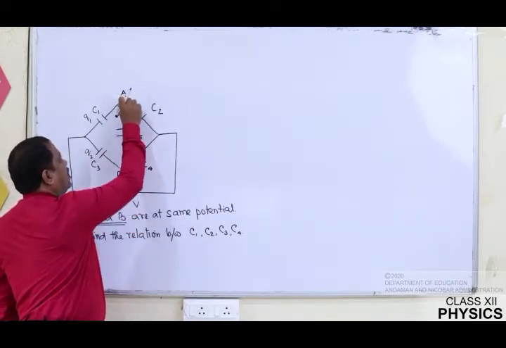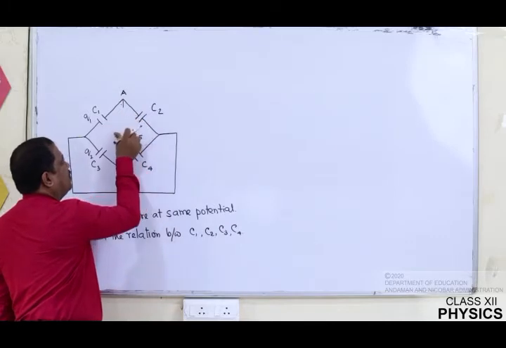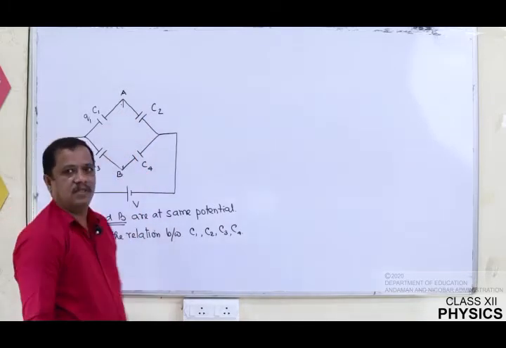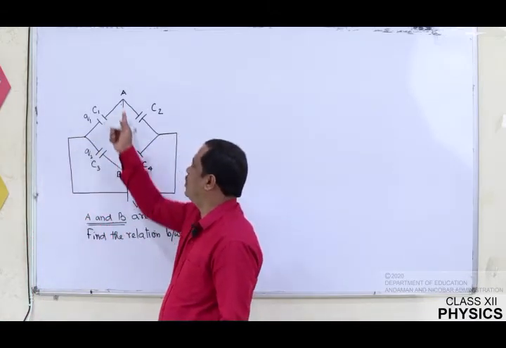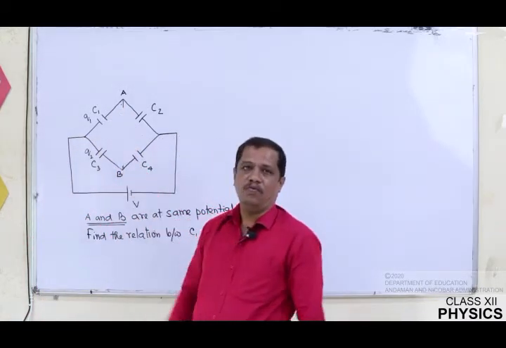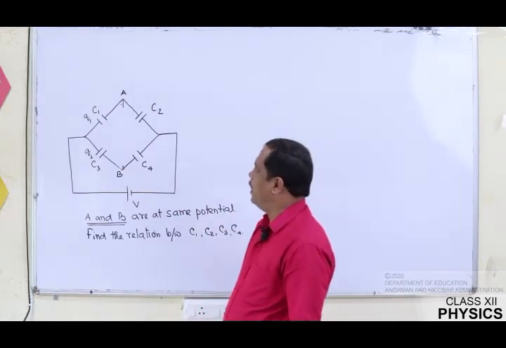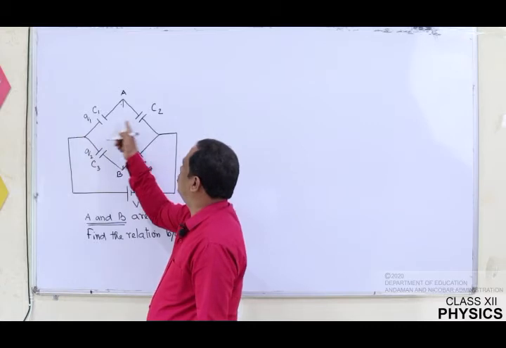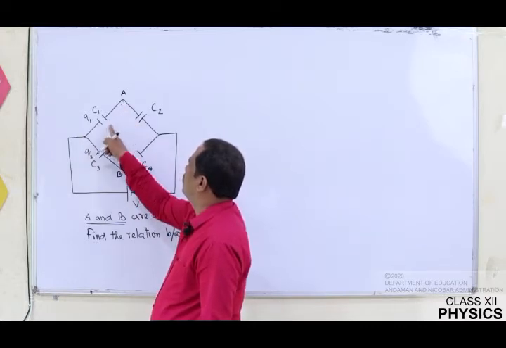That means even if I remove this capacitor from the problem, this is not going to make any difference, because these two are at same potential, charge is not going to flow through this path. So that means now this Q1 charge, we know that C1 and C2 are in series.